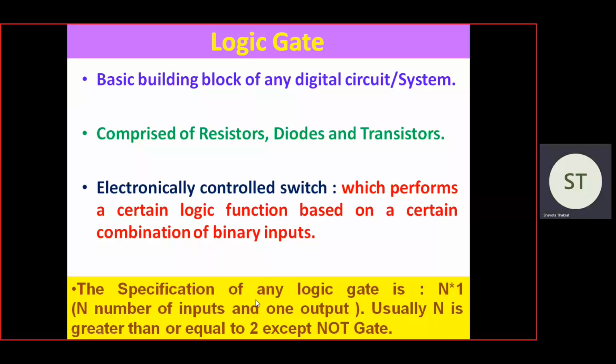And what is the specification of any logic gate? Usually it is n cross 1. N cross 1 means there will be n number of inputs and there will always be one output. And usually the value of n can be minimum 2 or greater than 2, so we can say n is greater than or equal to 2.